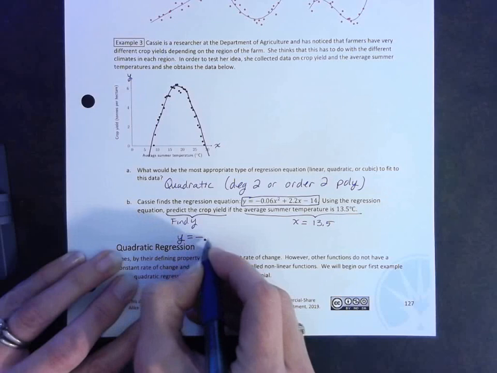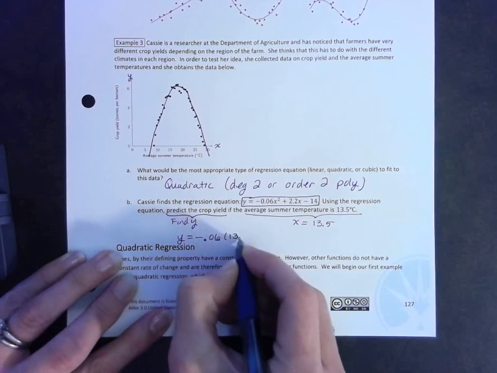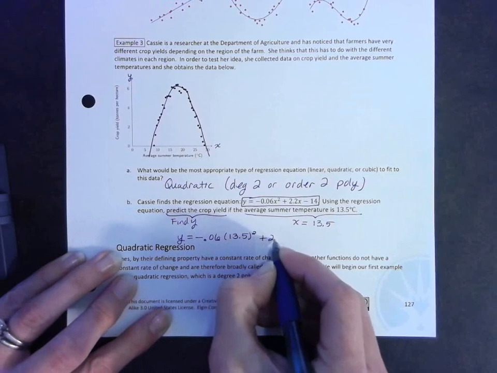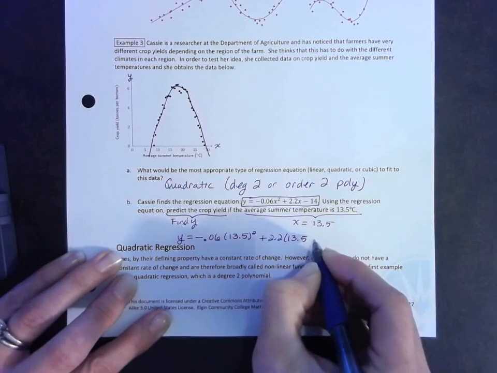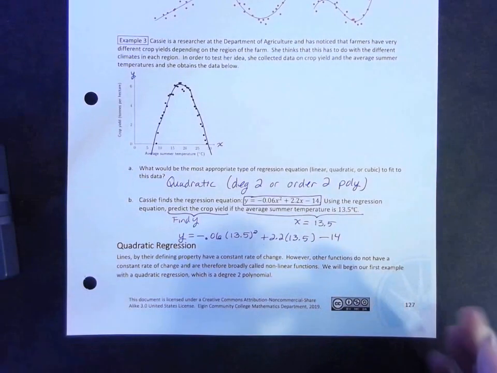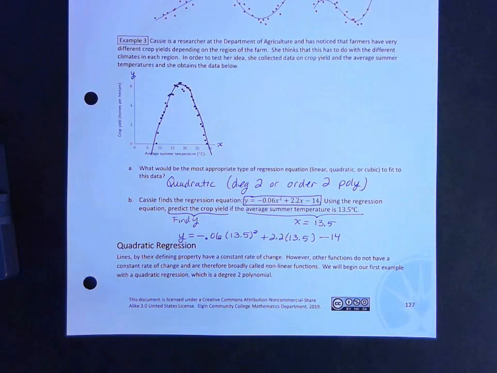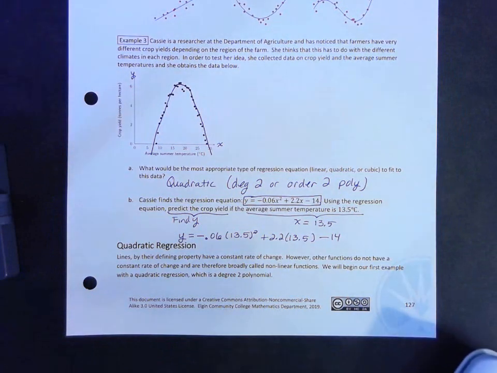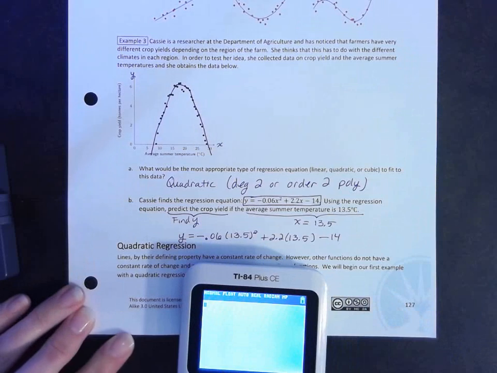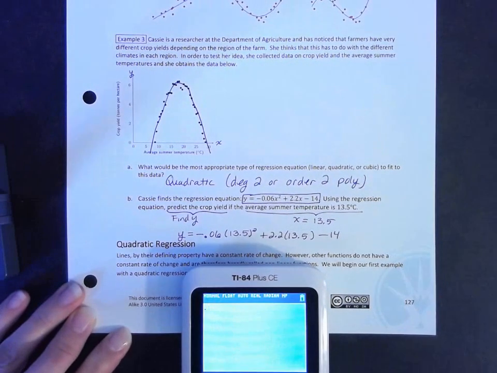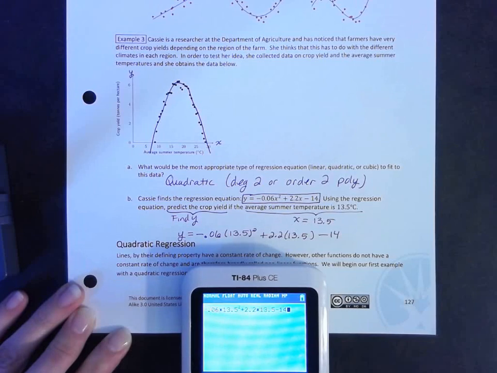So y would equal negative 0.06 times 13.5 squared plus 2.2 times 13.5 minus 14. Sorry, I've got to get my calculator. I wasn't totally prepared. This is my first video I am recording in a post-coronavirus world. All right, so let's sub this into our calculator: negative 0.06 times 13.5 squared plus 2.2 times 13.5 minus 14.